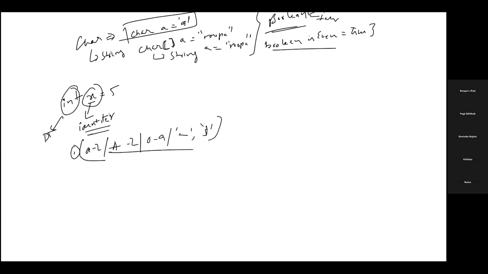The second rule is that an identifier should start with either an alphabet, an underscore, or a dollar. It should not start with a number. If you start with a number, there will be a compile time error. If you follow these two conventions, you can define any name.